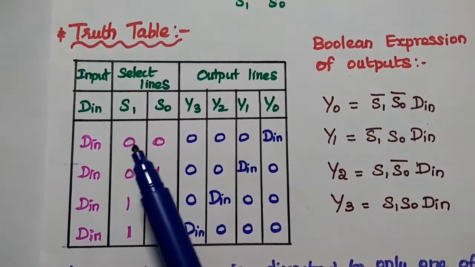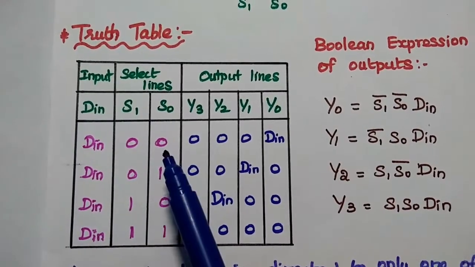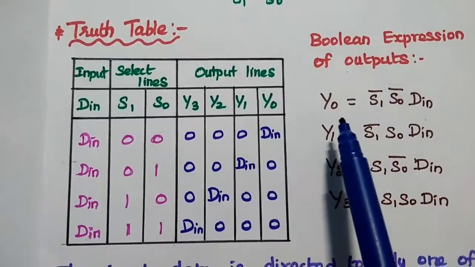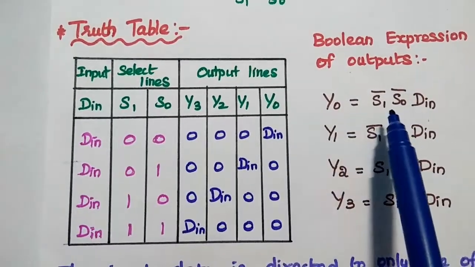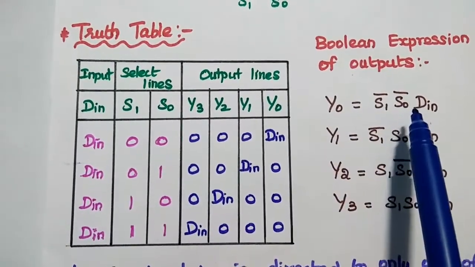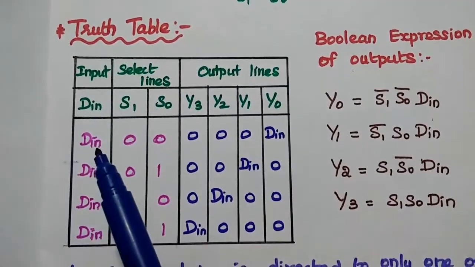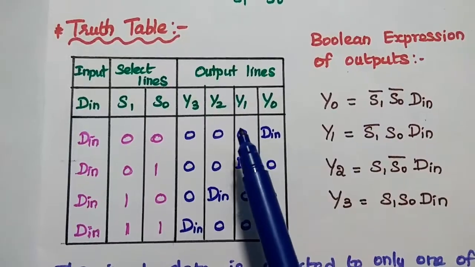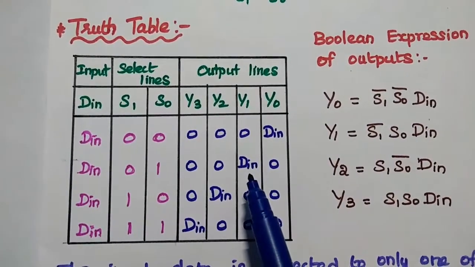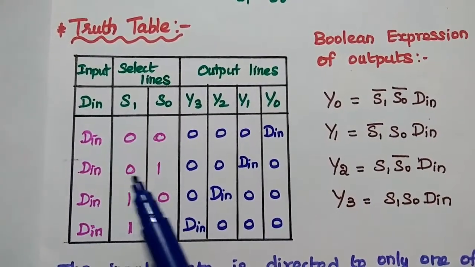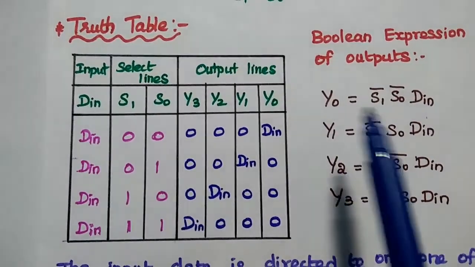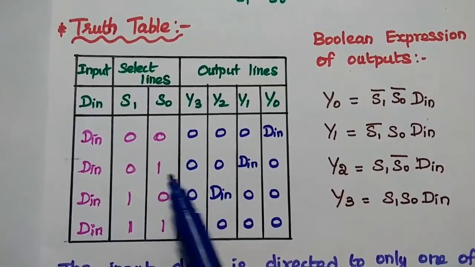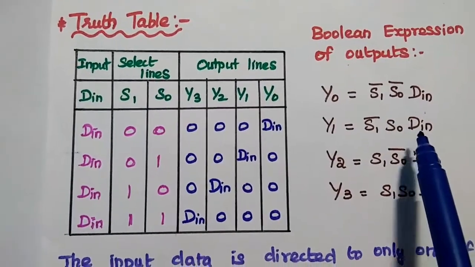So we can say Y0 = S1' S0' D_in, where the input is a must here. Y1 can be obtained by making S1 as 0 and S0 as 1. So Y1 = S1' S0 D_in.